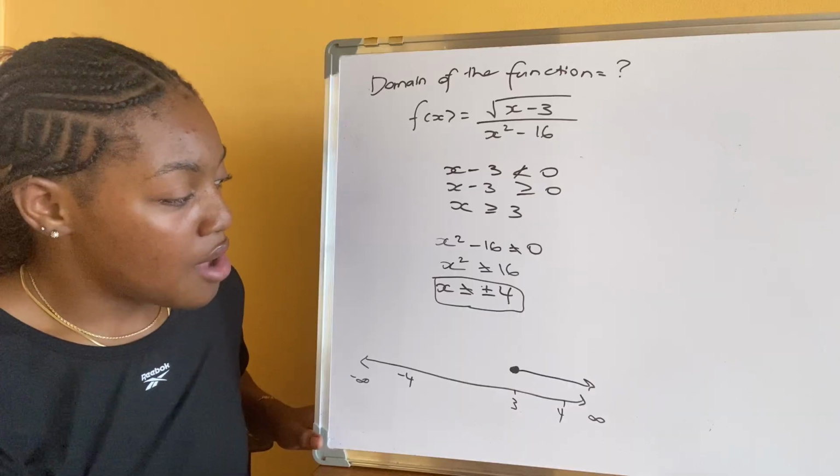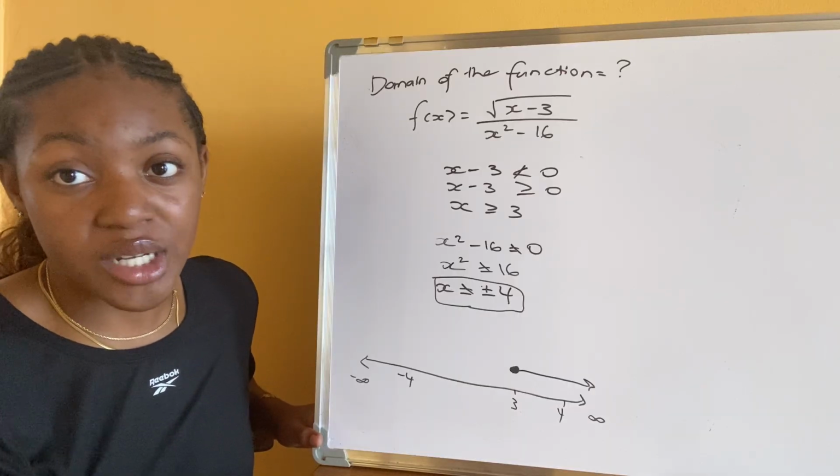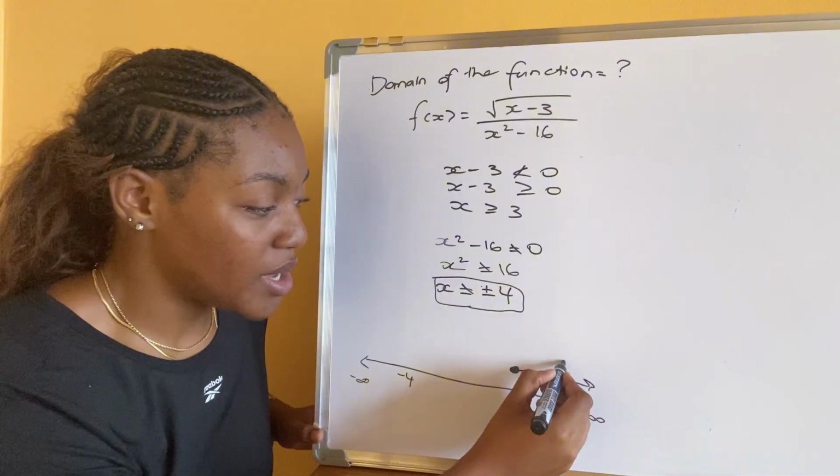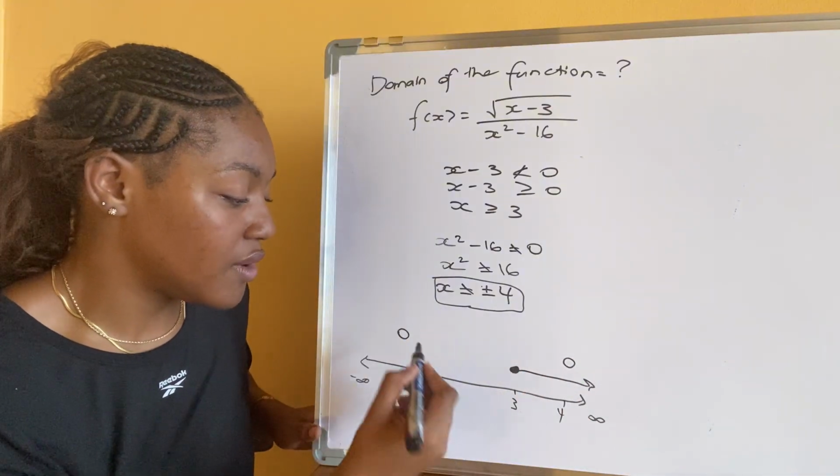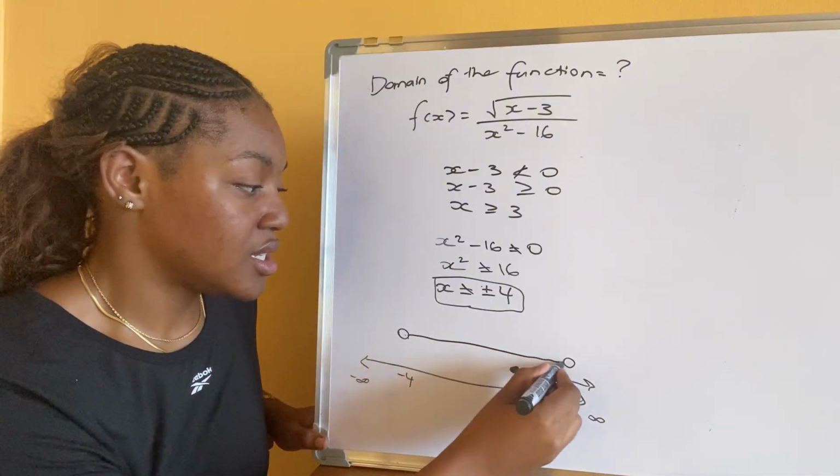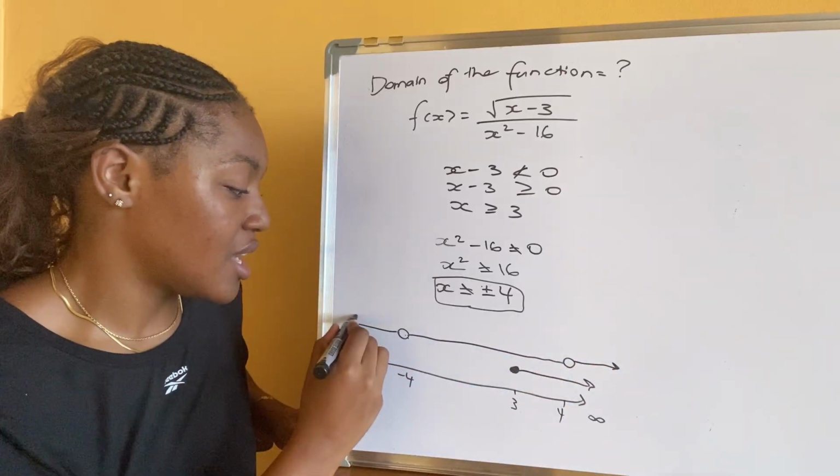Next, x should not be equal to positive 4 or negative 4. So we're gonna have an open circle above the 4 and an open circle above the negative 4. So that would mean that any other value can be included.